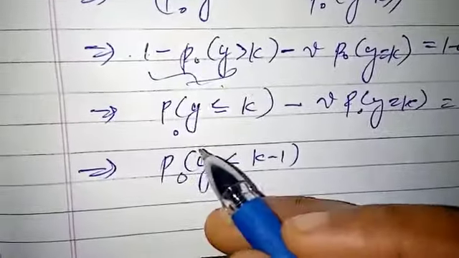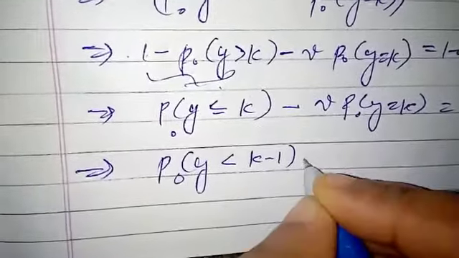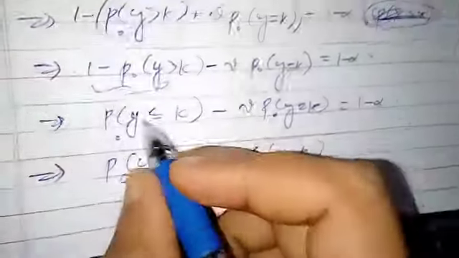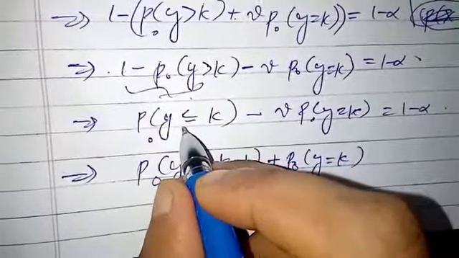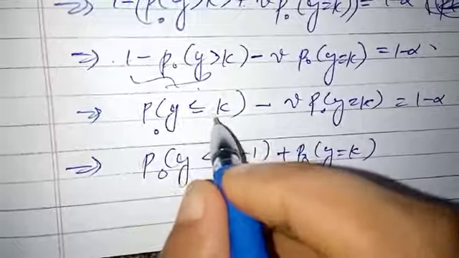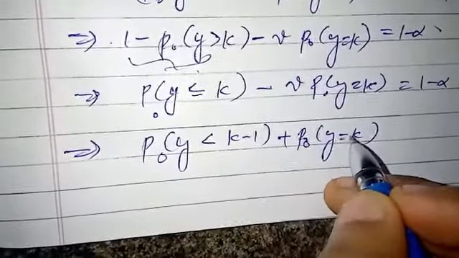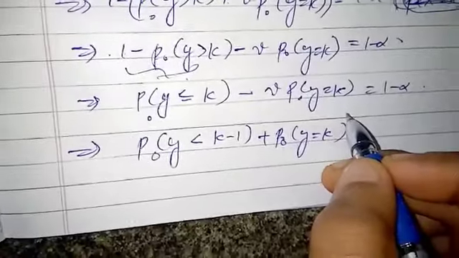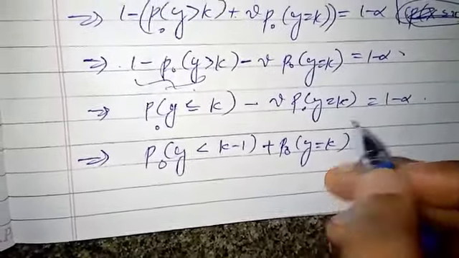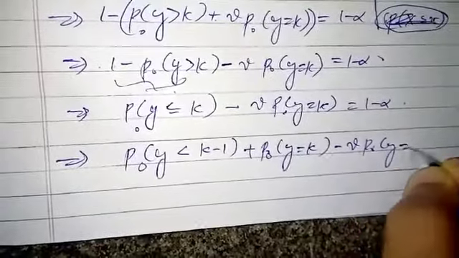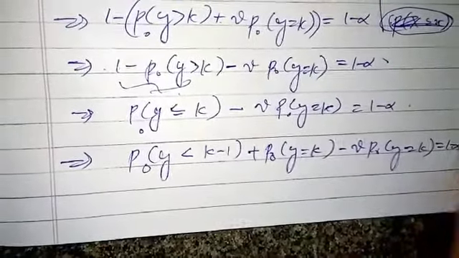Then we can write probability of y less than or equal to k as probability of y less than k minus 1 plus probability of y equal to k, right? Minus gamma probability of y equal to k equal to 1 minus alpha.